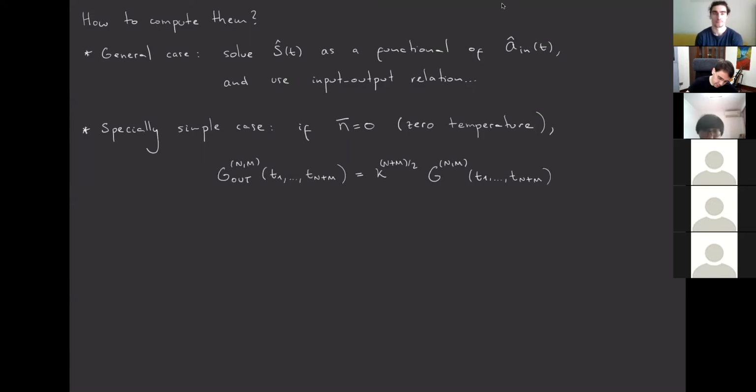Okay, and what's important is that this correlation function, as you can imagine from the name, is just the same type of statistical object, but instead of for the output field, for the cavity field or for the cavity operators. So in particular, you will have this kind of object.